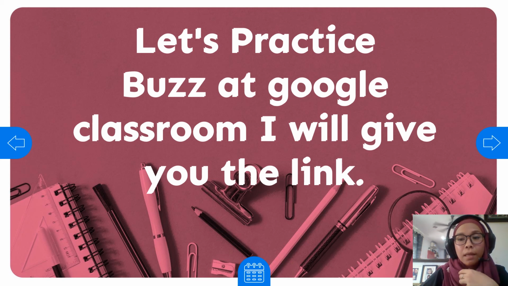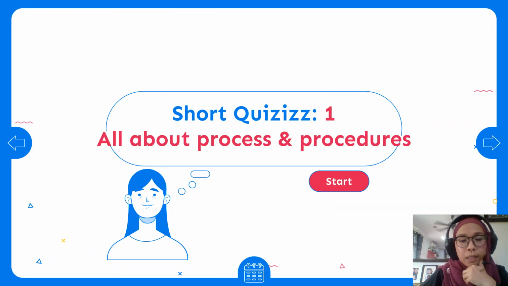Once you are done with that, I will share with you the short quiz about process and procedure. I believe yesterday 3 of you managed to answer, but sadly not all correct. So make sure you watch this video first, then only you can answer all the questions.